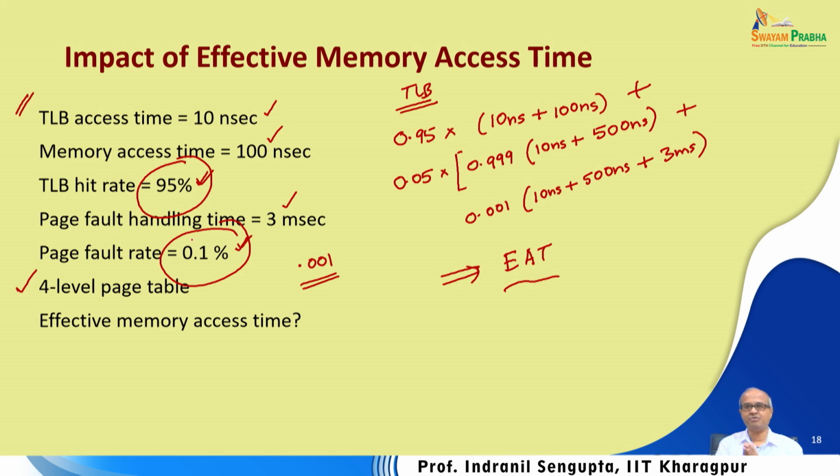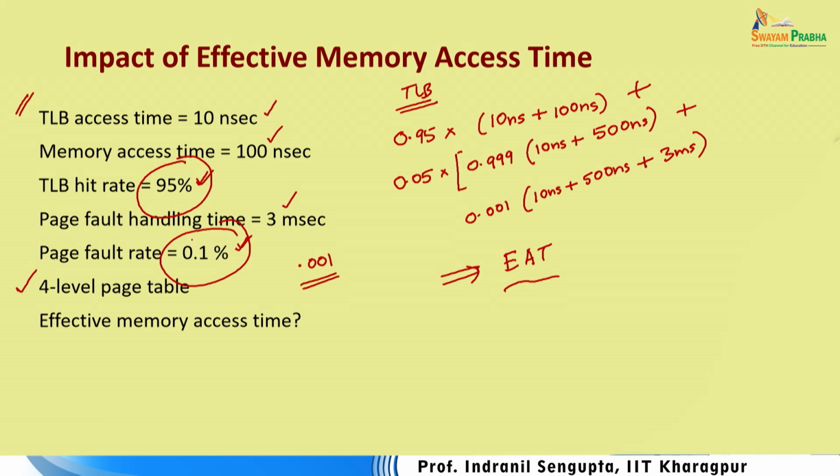So, the replacement algorithm is very important in this context. In Linux also, even if it uses a 4 level page table, if it can maintain the page fault rate at a very low level and the TLB hit rate at a very high level, the overhead will not be that significant. In the worst case, you may require so many memory accesses, right.